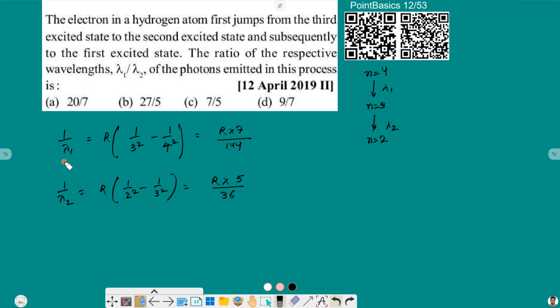So I have to calculate lambda 1 by lambda 2, so I take the ratio of 1 by lambda 2 by 1 by lambda 1. That will be 5R by 36 and here I have 7R by 144. So R gets cancelled, and 36 cancels with 144 by 4. So this will give us lambda 1 by lambda 2 as 20 by 7. So option A is the right answer.